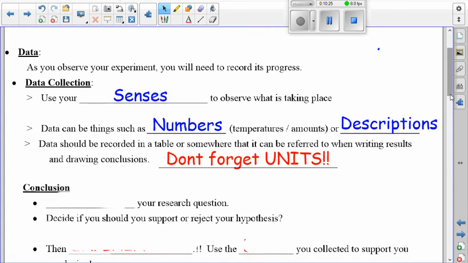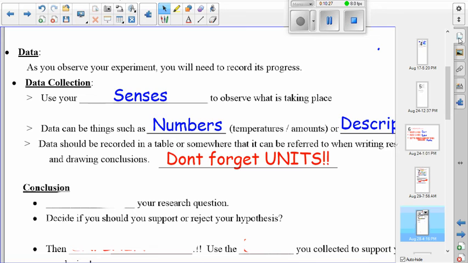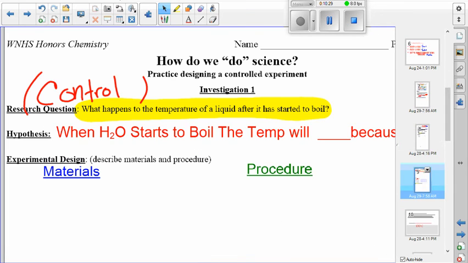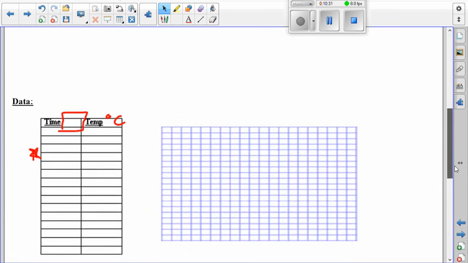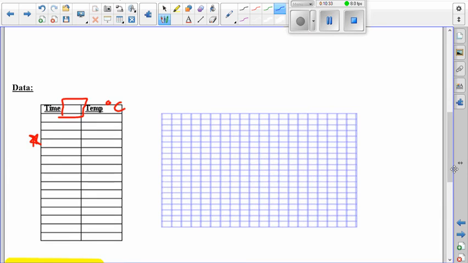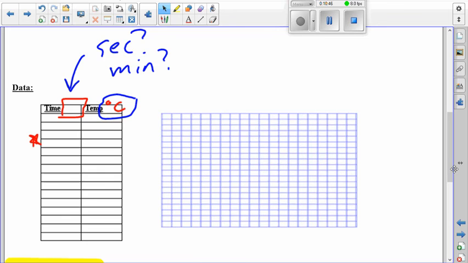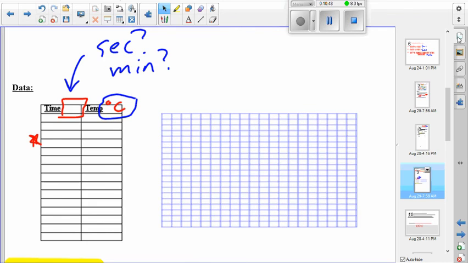When you're looking at this data table later, always make sure you put units right here. Don't just say time. Tell me seconds, minutes, days, whatever. And your temperature will be in degrees Celsius for this particular one. So you want to make sure you write those once you get this handout. But we'll come back to that later.